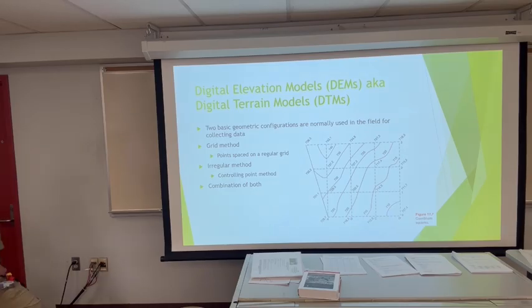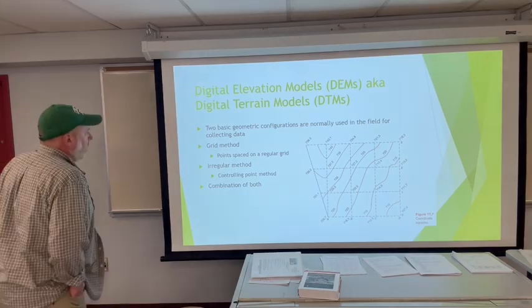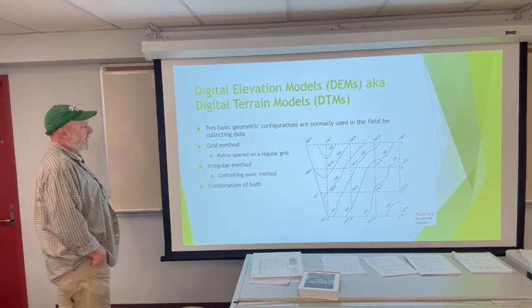There are two basic geometric configurations normally used in the field for data collecting: the grid method and the irregular method. Typically, when you're out in the field doing topo, you're using a combination of both. The grid method: points spaced on a regular grid.